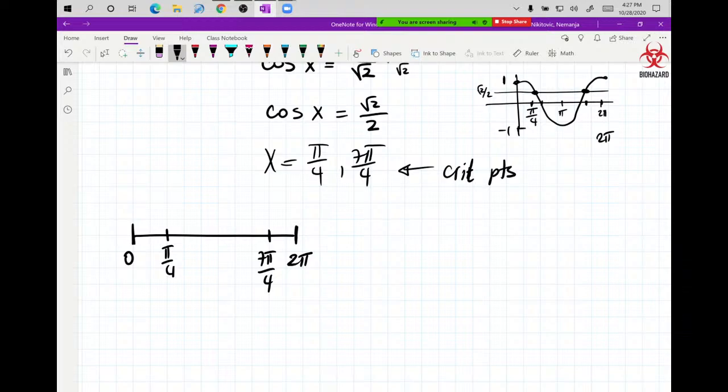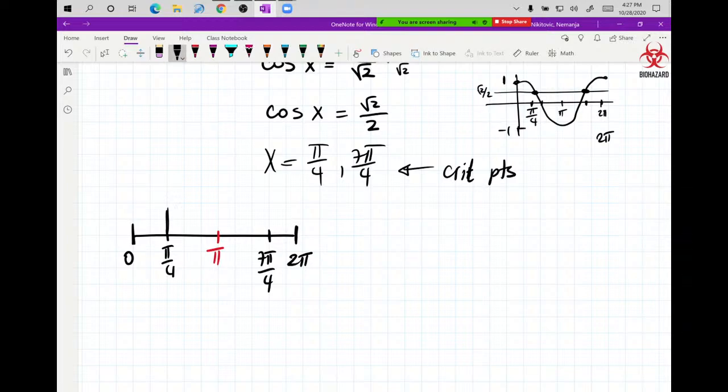So these are my values. So now I want to find test points and go from there. The easy one is a test point pi.